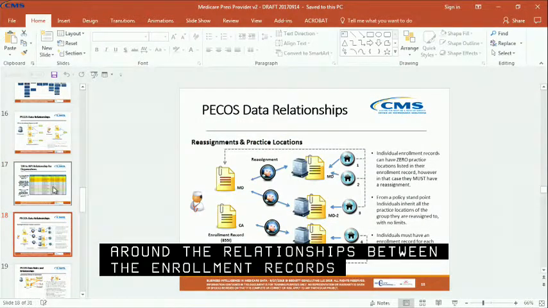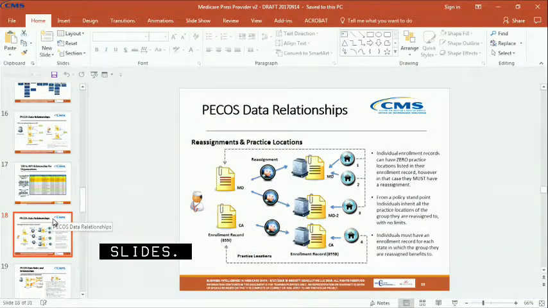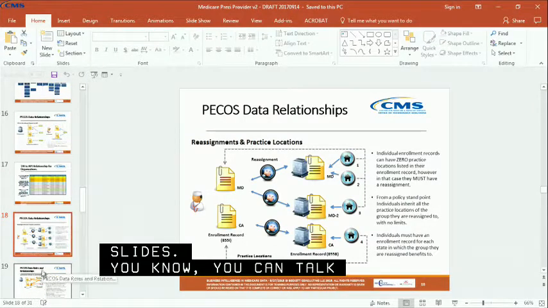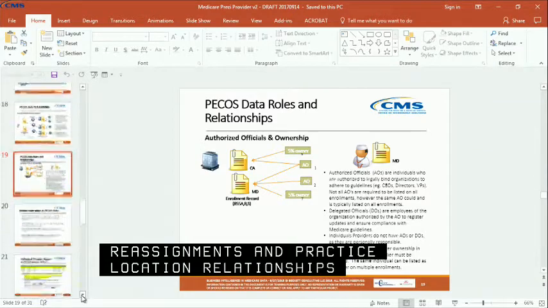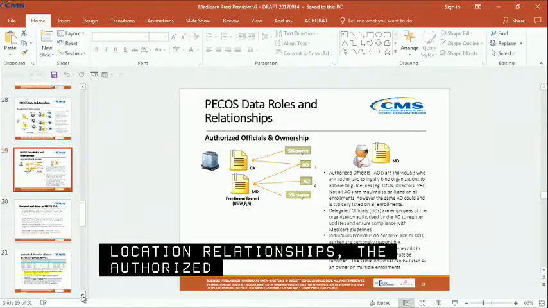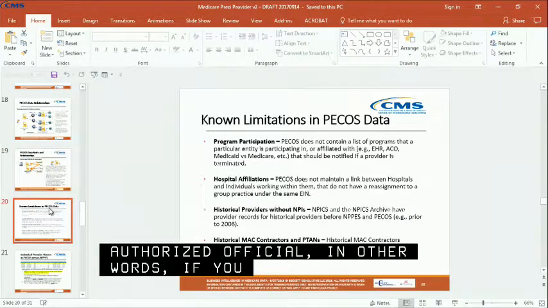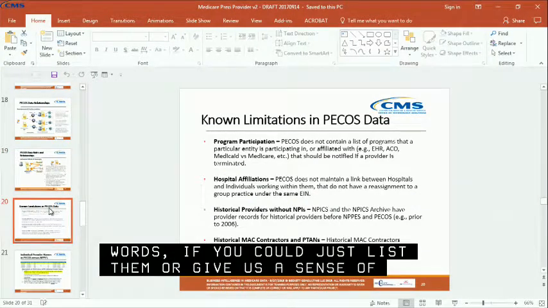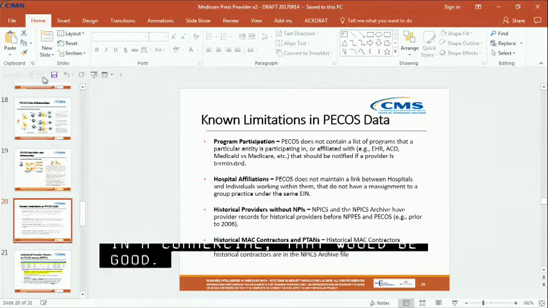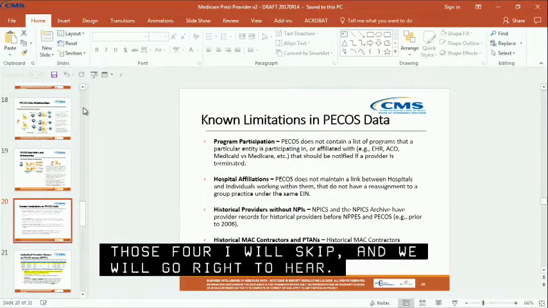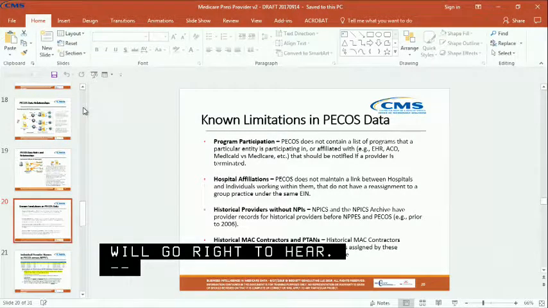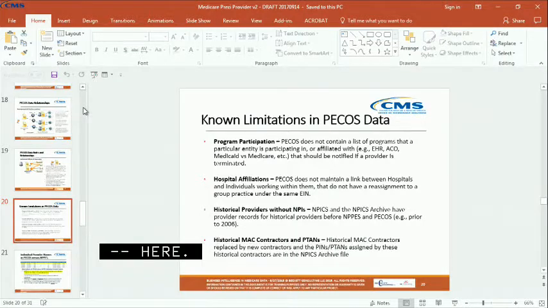You can also list the reassignments, practice location relationships, and the authorized officials, or give a sense of them in the commercial, and say we can drill down into them in future sessions. So those four I'll skip, and we'll go right to here. If you can, do a commercial real quick to tee up the relationships.